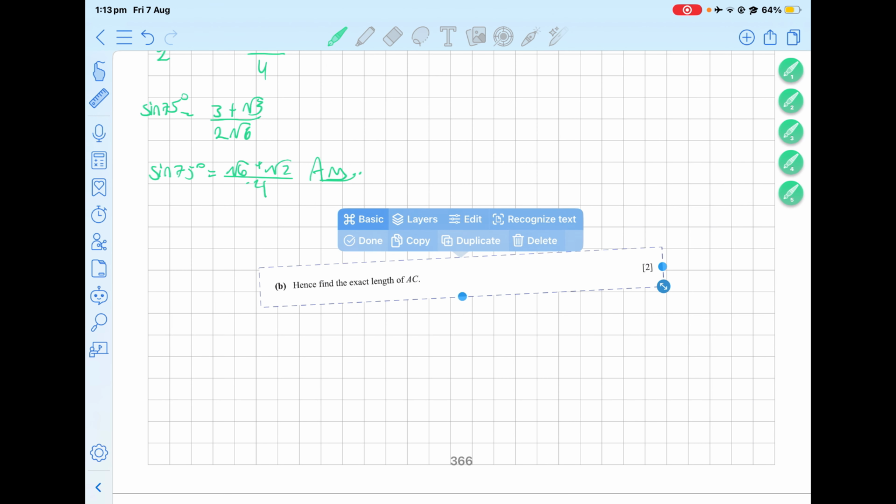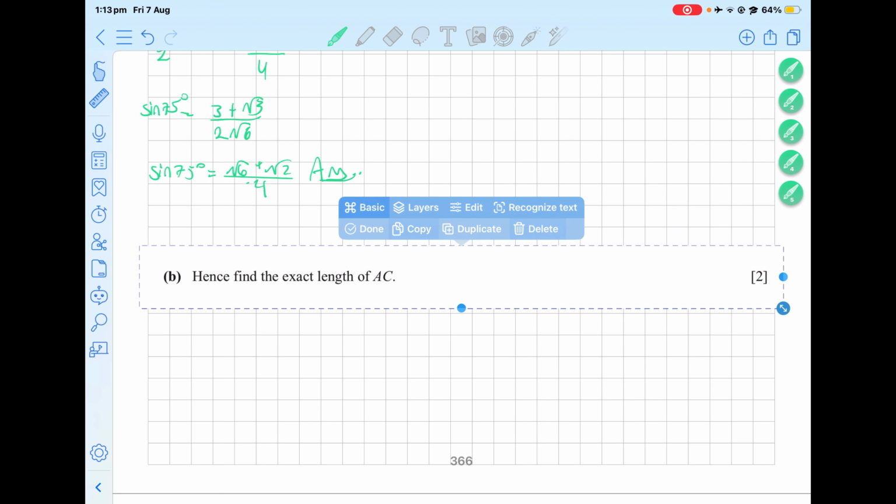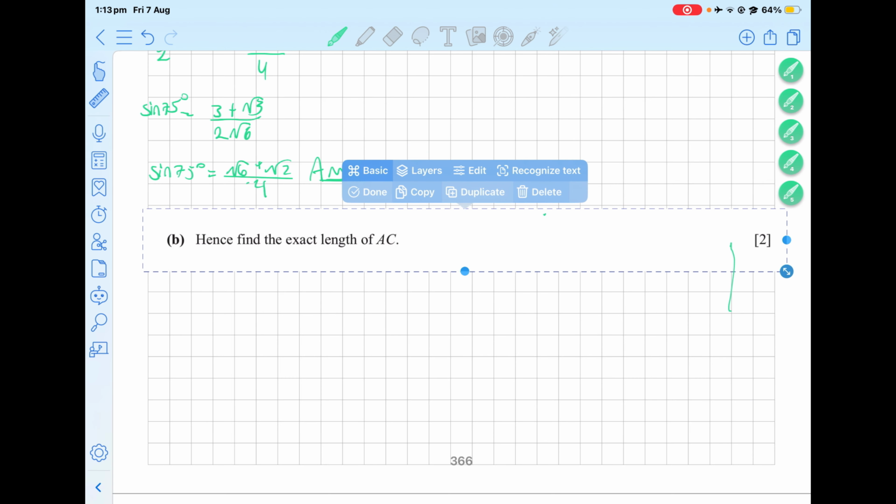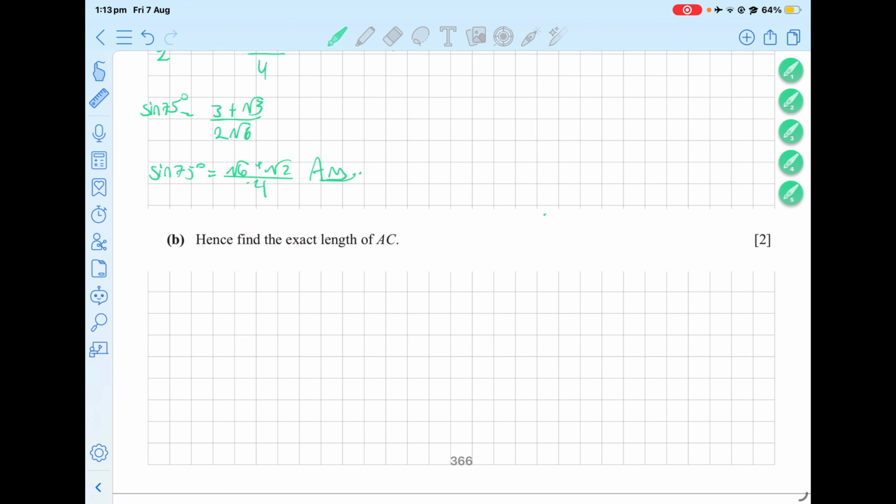Okay, then we have to find the exact length of AC. Yeah, AC, not BC.